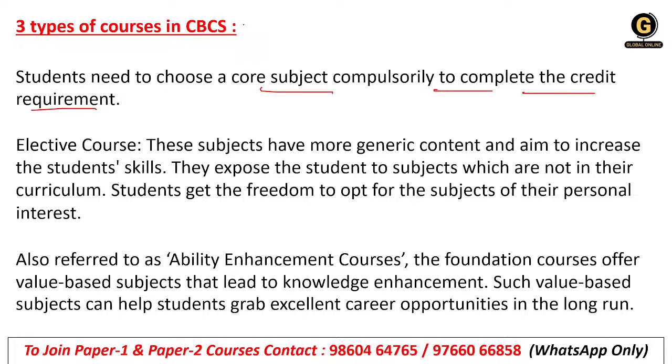Then elective courses: these subjects have more generic content and aim to increase the students' skills. They expose the students to subjects which are not in their curriculum. Students get the freedom to opt for the subject of their personal interest.